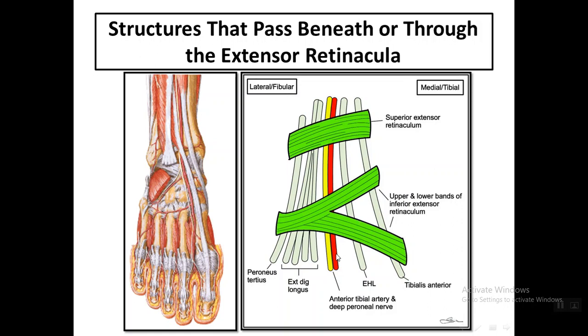Next we have the anterior tibial artery with the deep peroneal nerve. Next we have the tendon of extensor digitorum longus, and lastly we have the tendon of peroneus tertius. الفائدة من هذه الريتانكولم it will hold the tendon, artery and nerve in position. راح تخلينا موقعها during the function of the ankle joint، عند حركة الأنكل joint.